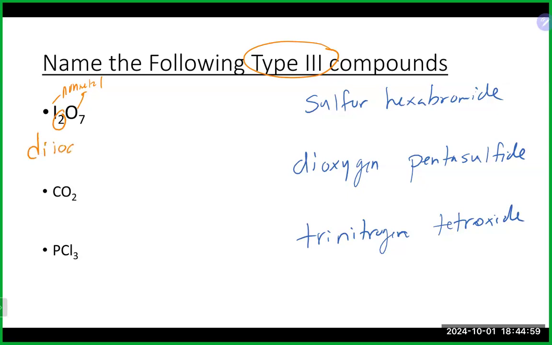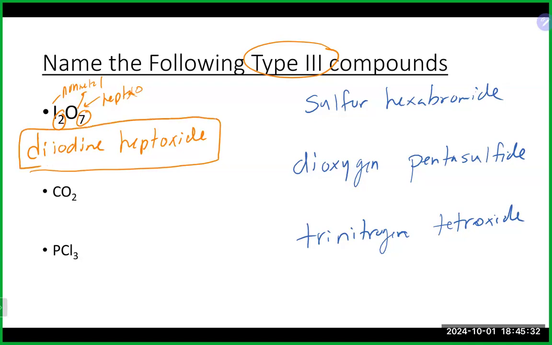Here we will use the whole name of the first element. So diiodine. Two I's are okay in this case. Second element, there are seven, which the prefix is hepta, and oxygen will become oxide. So this is a situation, again, where we're going to get that A and O backing up. So we're going to drop the A off of the prefix, a little diiodine heptoxide there. Any question on that one there?